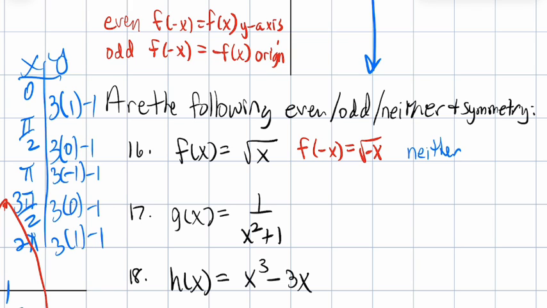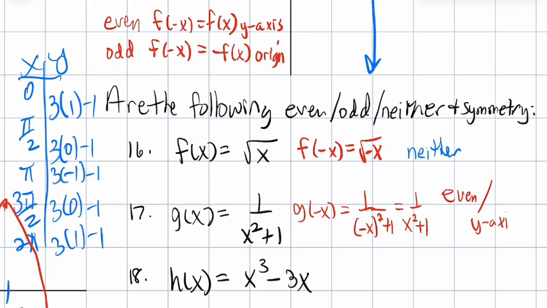Okay. Now for number 6, when we do the negative x test, because the negative x only goes into a square, it goes right back to a positive again. So it's even, and it has y-axis symmetry. So that's a version of a function with y-axis symmetry.